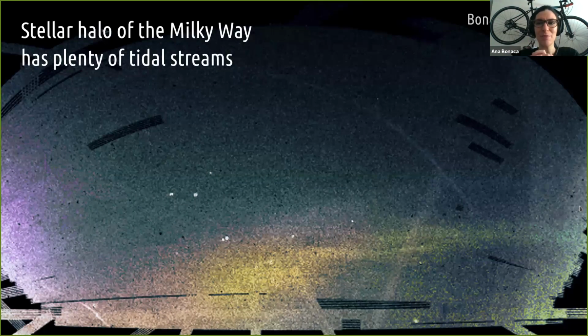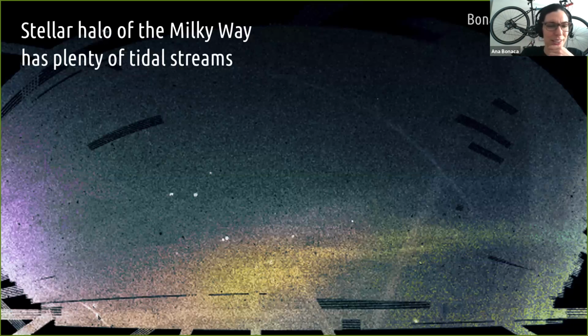This is a map of the Sloan Digital Sky Survey, and each pixel is a weighted number density of stars likely to be part of the halo, and the different colors correspond to different distances. And the Palomar 5 tidal stream that I showed earlier is here in the bottom left corner.